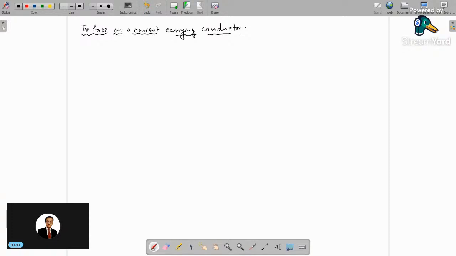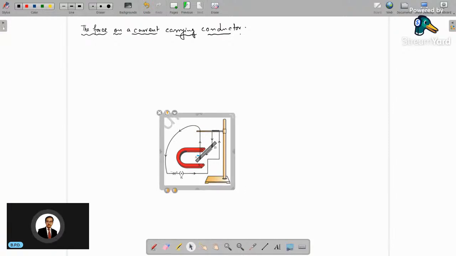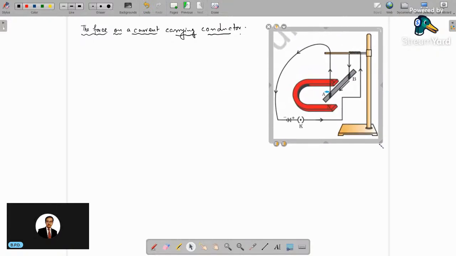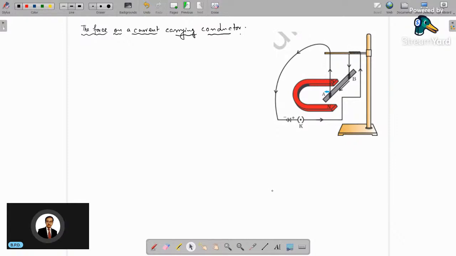An arrangement in our textbook has been shown here as a floating magnet like this, where a current carrying rod is there, that is, the magnet AB is experiencing.